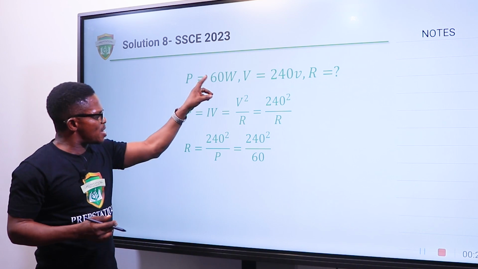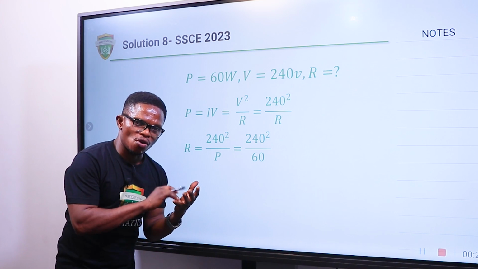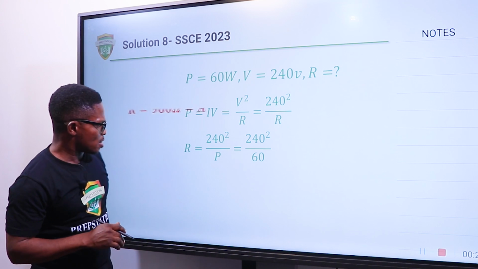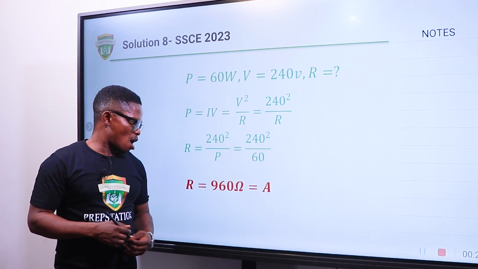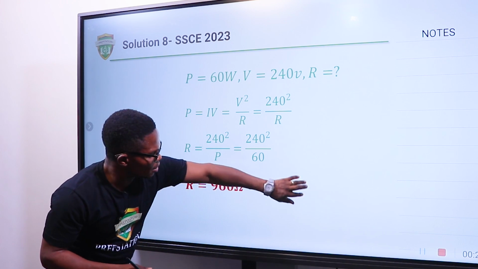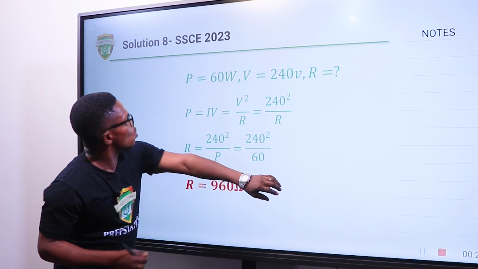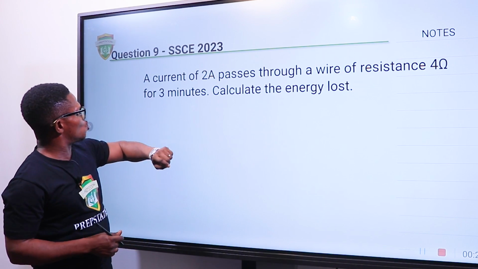In the place of P, I have 60. What next? Punch your calculator and then get your final answer as 960 ohms. The option was A, so that was how we got the answer. Let's continue. I think we still have more questions. Okay, this is solution 8, so 2 more questions to go.